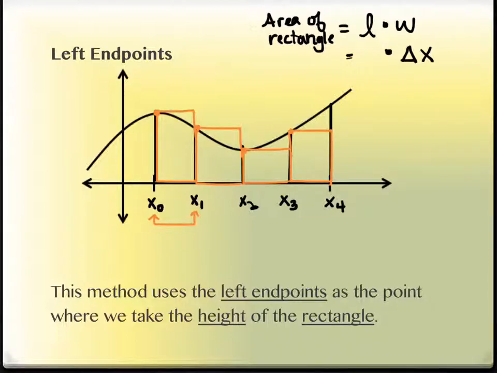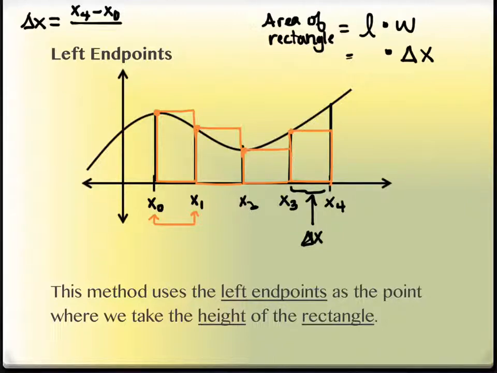Okay, so this length right here, if you remember from slope, delta just means change in. So the notation that we're going to use here is delta x, change in x. It's the length between an x1 and an x2, or an x3 and an x4. Or if we had 16 of them, an x13 and an x14, or whatever it is. Okay, it's the length between them. And if you take a look at this one in particular, our delta x value is going to be x4 minus x0, right?